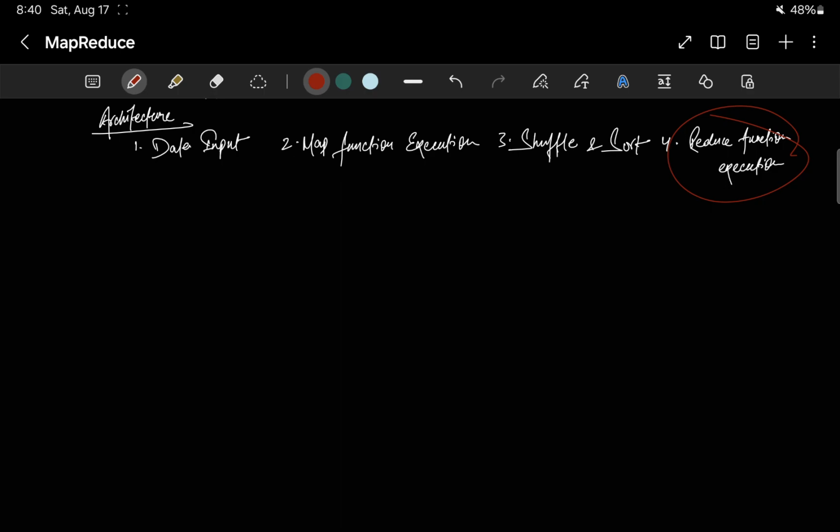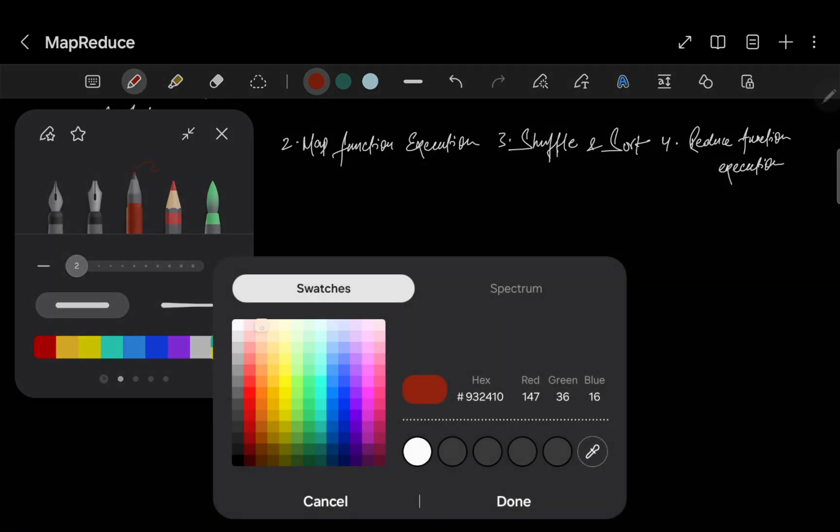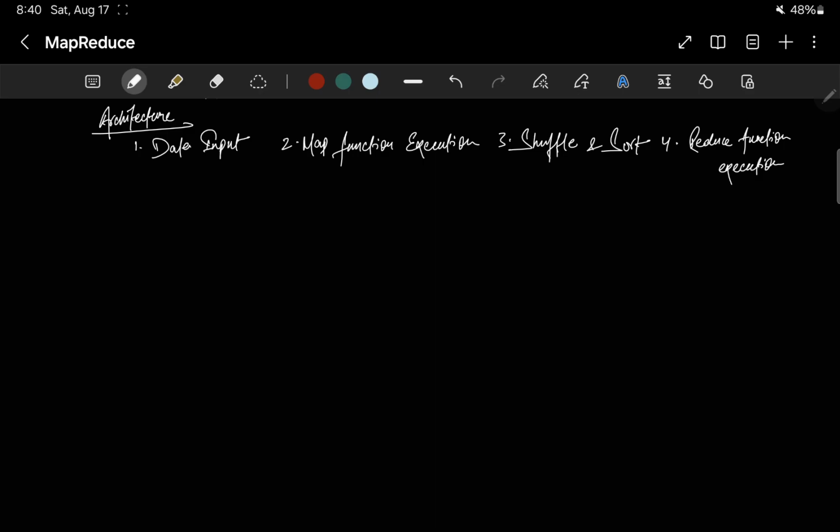Okay. Now let's see the operations that are performed in MapReduce. So first is job submission.